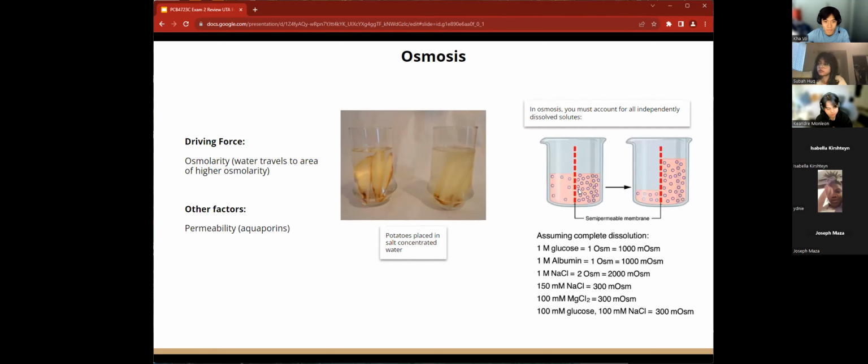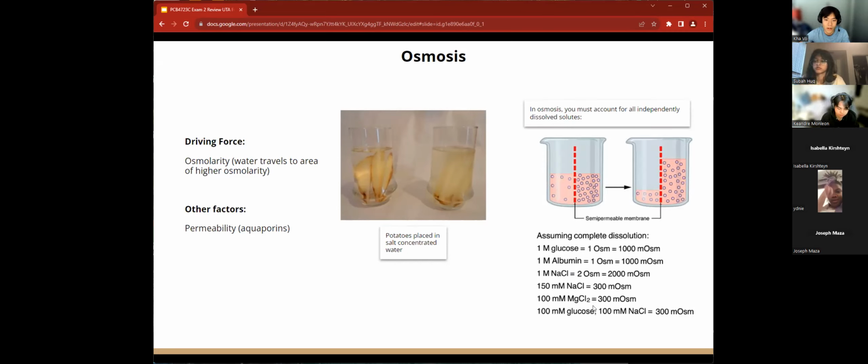And more specifically, just as a reminder, you have to take into account everything that dissolves in the water. So NaCl will actually break down into sodium ions and chloride ions, so you're gonna have to multiply the osmolarity of NaCl, or the concentration of NaCl, by 2.